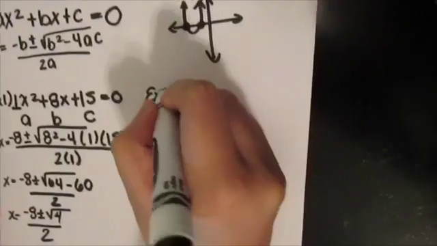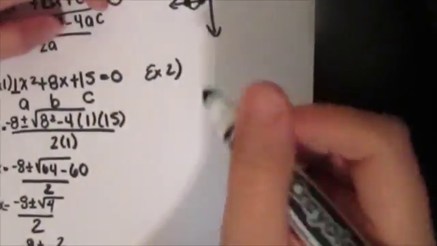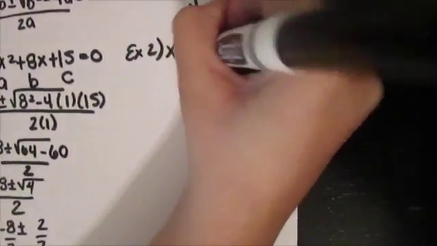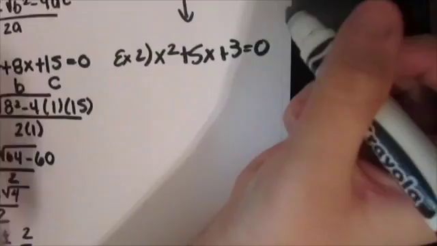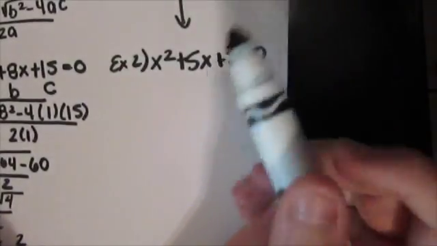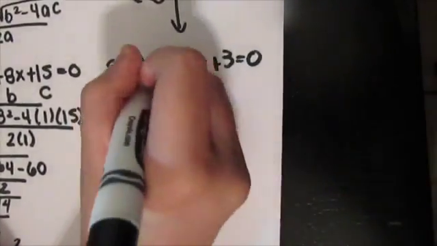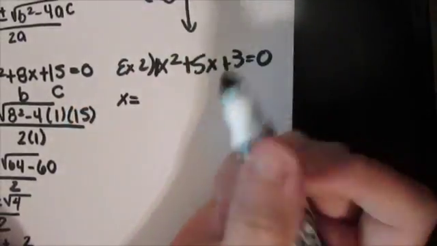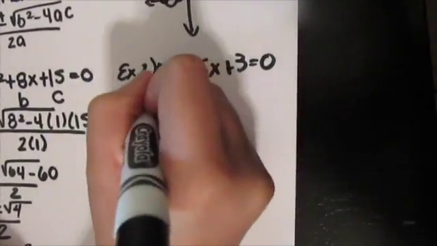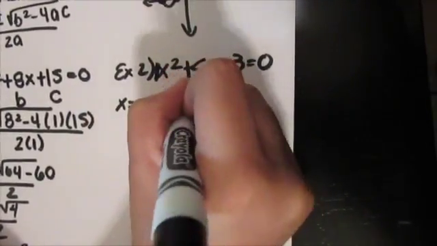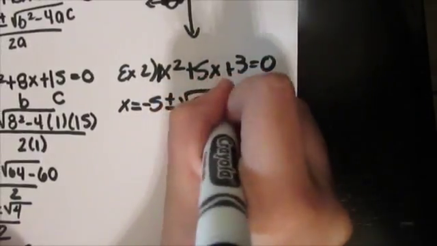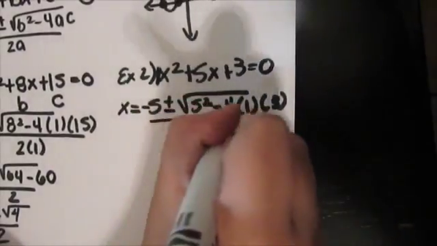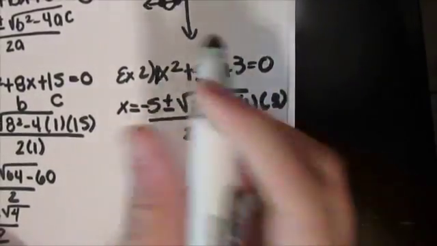Example number 2. x squared plus 5x plus 3 equals 0. We use the quadratic formula once again, and a 1 goes before the x squared. So x equals negative b, which is negative 5, plus minus the square root of 5 squared minus 4 times 1 times 3, over 2 times 1.